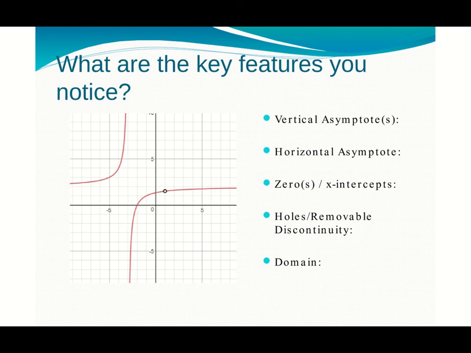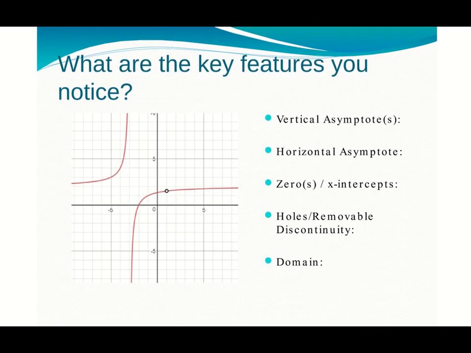However, this graph also has some differences. First thing we can notice is we do actually cross the x-axis, and we cross the y-axis. We do have an x and y intercept. We also have this open circle, and this open circle is going to be a hole or a removable discontinuity.